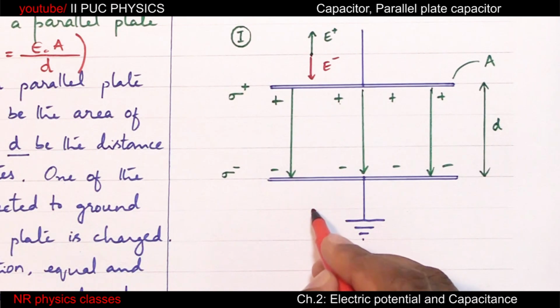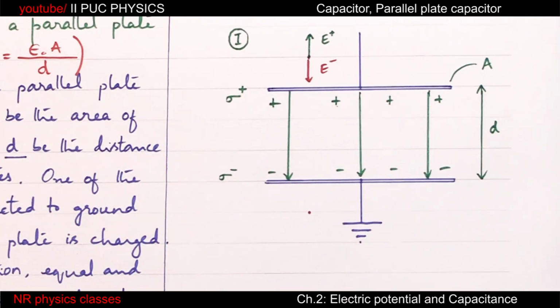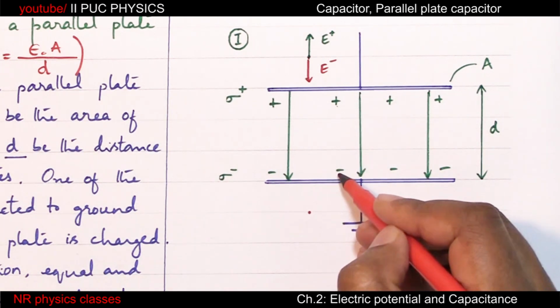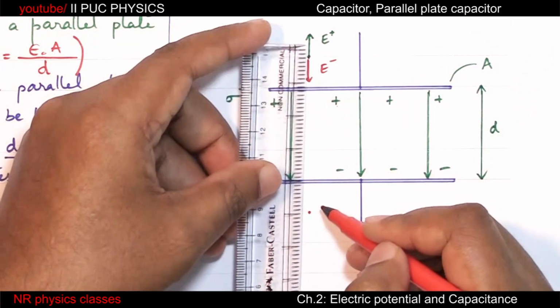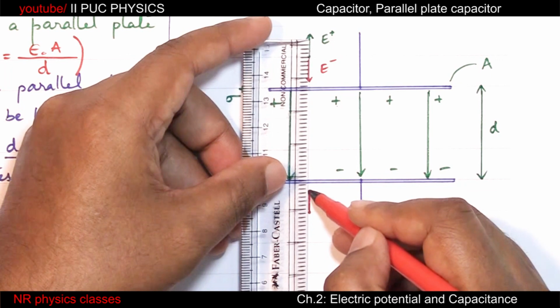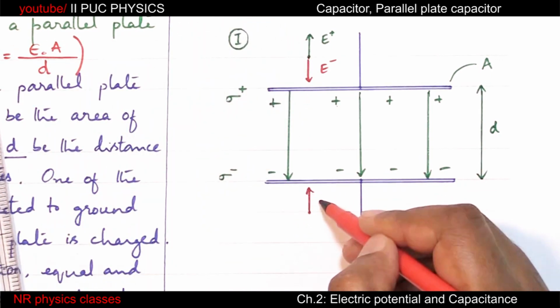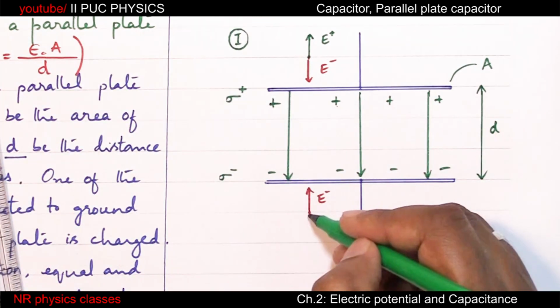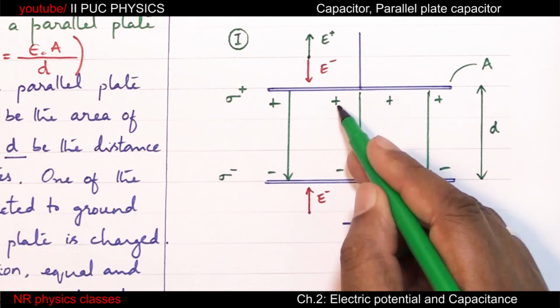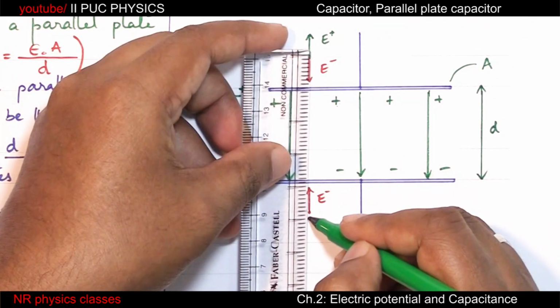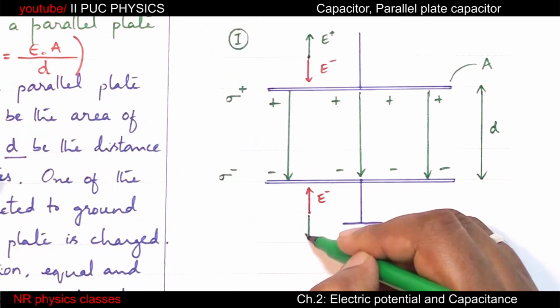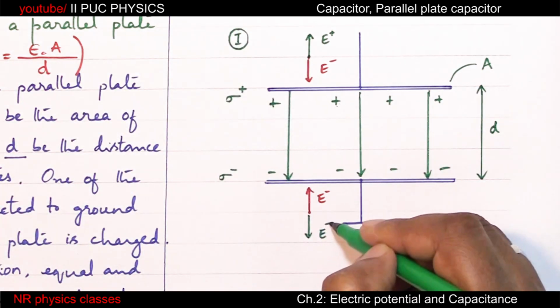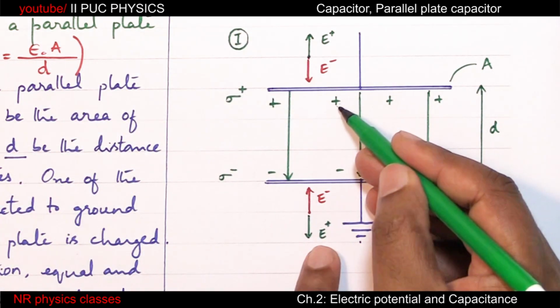Now at this point, because of negative charge, the electric field is towards. Because of positive charge at this point, the electric field is away. Because of positive, away.